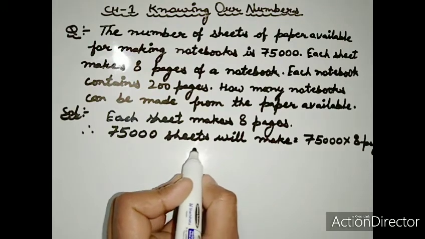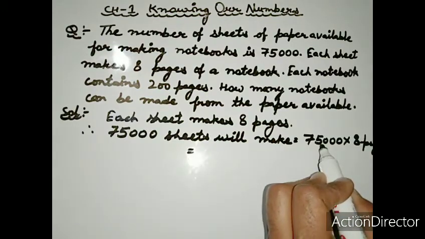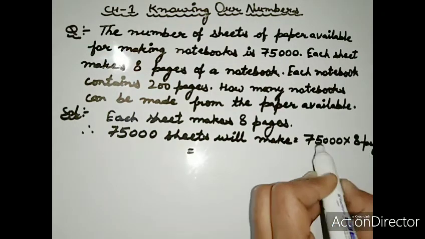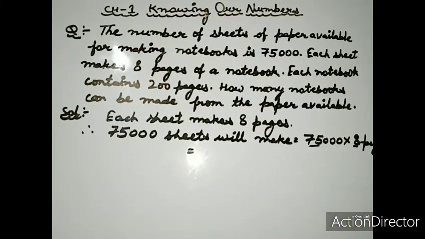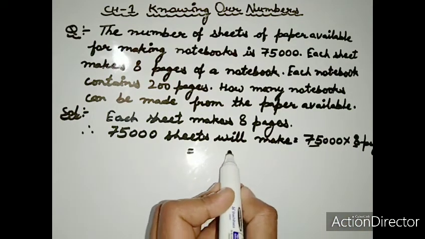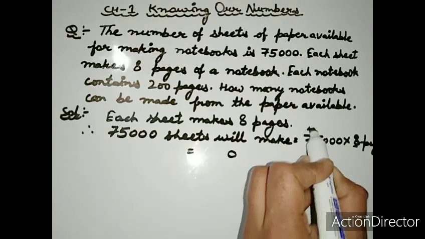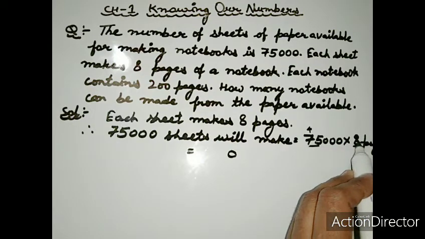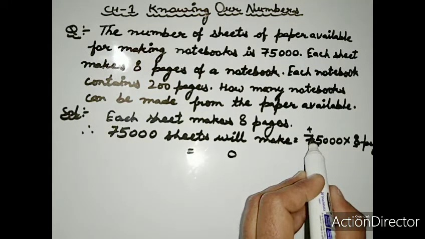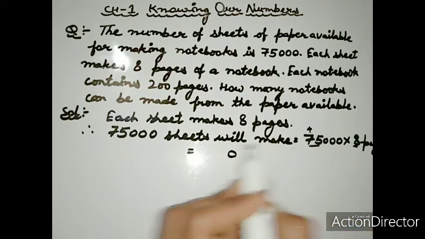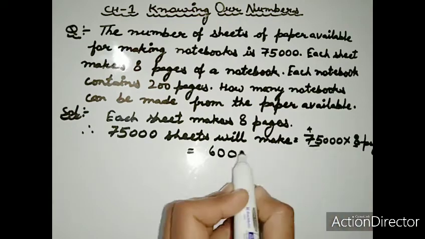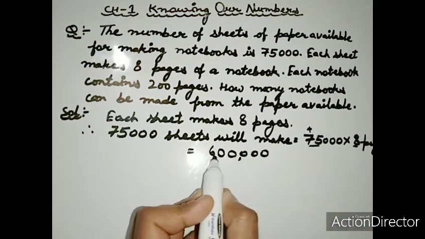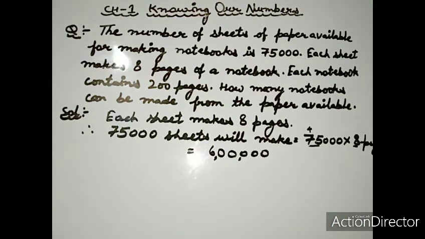Now when we multiply 75,000 by 8, here we take a shortcut method of multiplication. Here we multiply 75 and 8. 8 5s are 40, 0, 4 carry here, and 8 7s are 56. 56 plus 4, 60. Now here we put the zeros, 1 2 3, 1 2 3. So here we get 6 lakh.